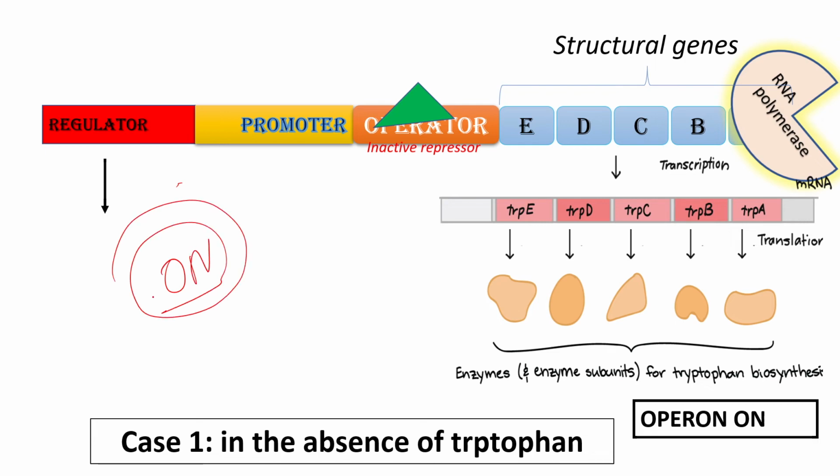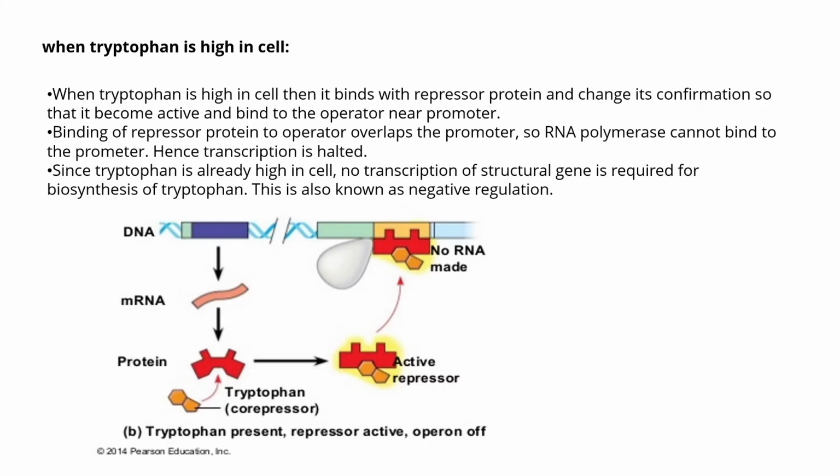Now let's understand the second case. What happens when tryptophan is high in the cells? Tryptophan is high in the cells means what? The tryptophan operon was in the on condition and was continuously synthesizing tryptophan.